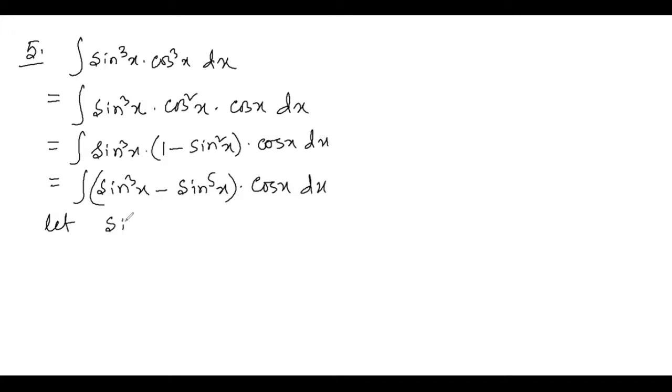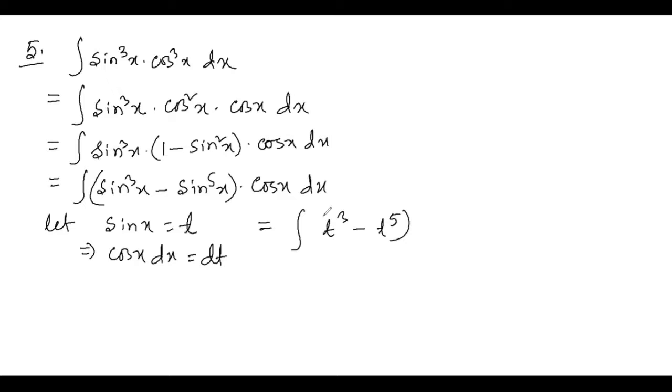Actually here we will consider sin x equals to t. So sin x differentiation, cos x dx equals to dt. So what will it be? Integration of t cube minus t to the power 5, and cos x dx equals to dt.